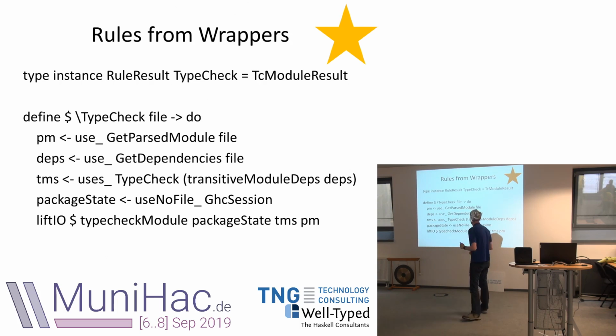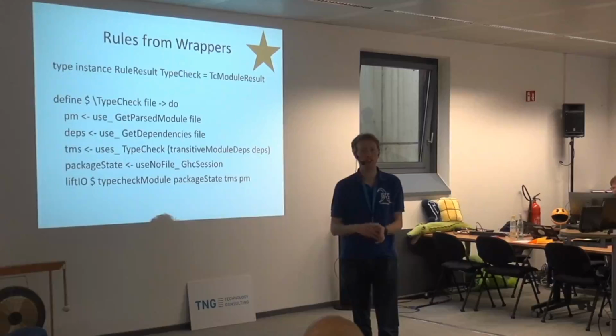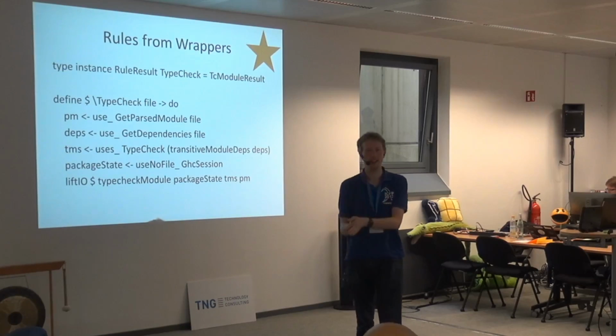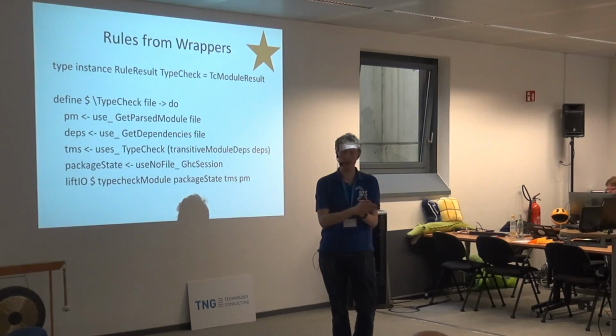How closely tied is typecheckModule to a specific GHC version? Everything using the GHC API is pretty tied to a GHC version, but typically the changes between GHC versions are not significant in most areas. So from 8.6 to 8.8, the syntax tree added trees that grow stuff, or maybe it was 8.4 to 8.6.